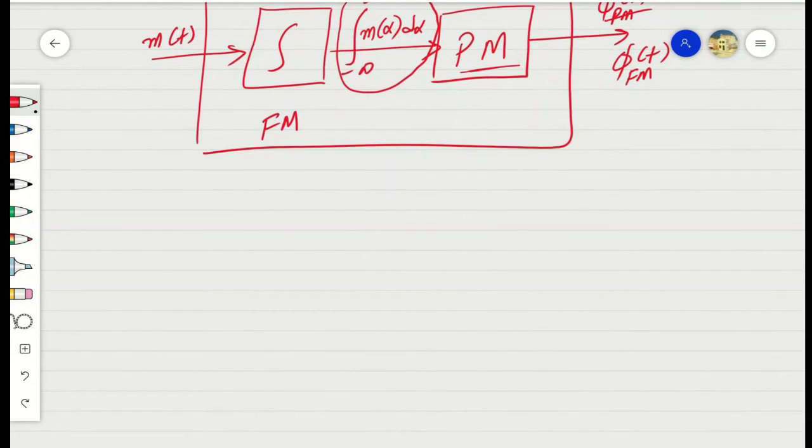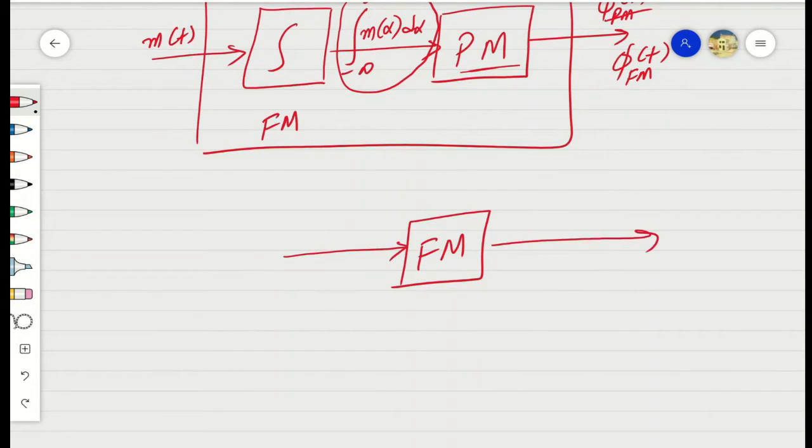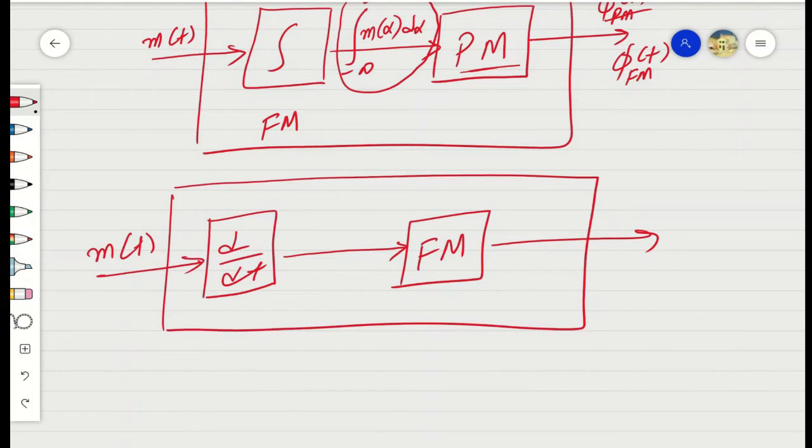Similarly, if we have a frequency modulator, that can be used to generate a phase modulated signal, if the input of this frequency modulator is provided as the derivative of the information signal instead of directly providing the information signal. The overall response of such a system will be the response of a phase modulator.